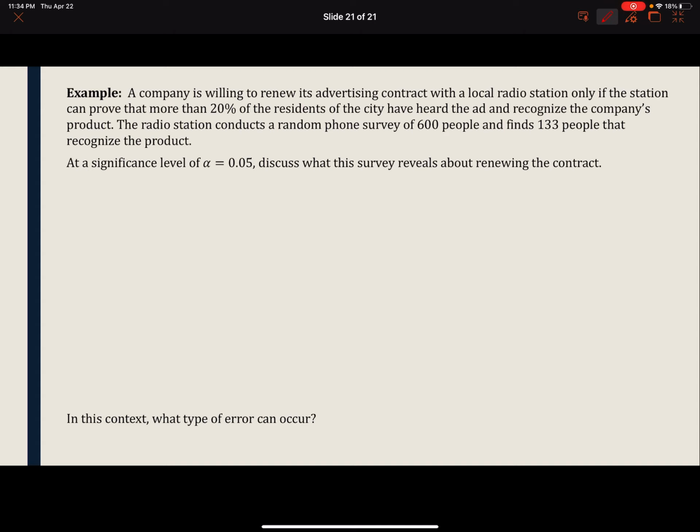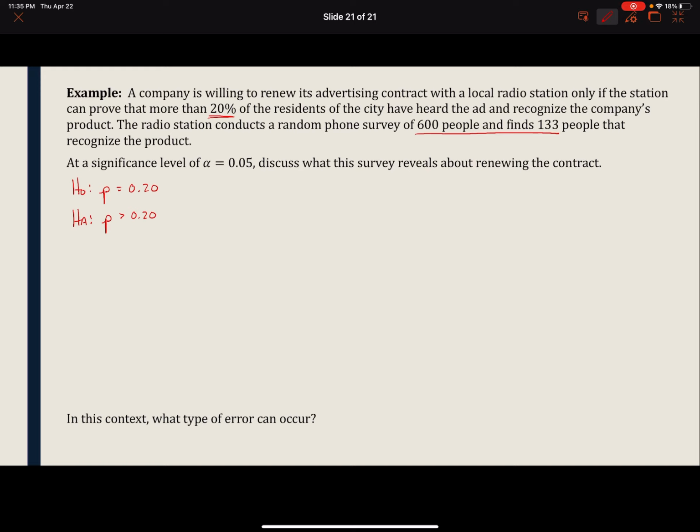All right, so here's our sample, and here's that population proportion that we're wondering, is it this or is it something more than this? So our null hypothesis, we're talking about proportions, so we're going to use a p, is equal to 20%. And the alternative hypothesis is that more than 20% will recognize this company and their product.